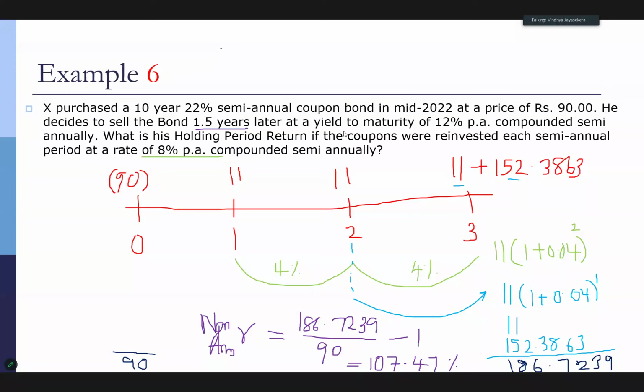Right, let's wait for the other answers. Again, Tirani, what you're finding is your periodic R. What is your annual R?